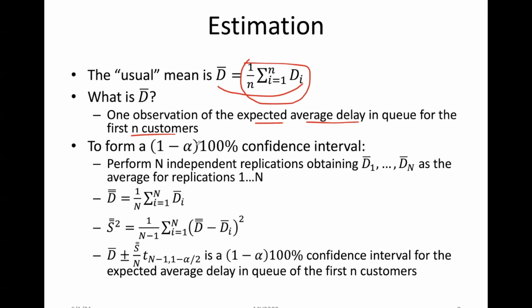So to form a confidence interval, we're going to perform, now I make this capital N just to distinguish it from the lower n, N independent replications of our simulation, and we're going to get N of these means.